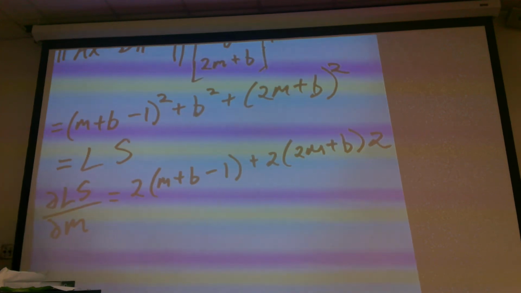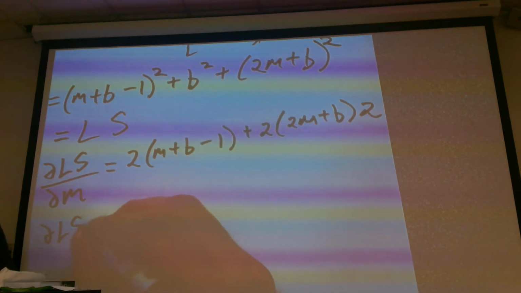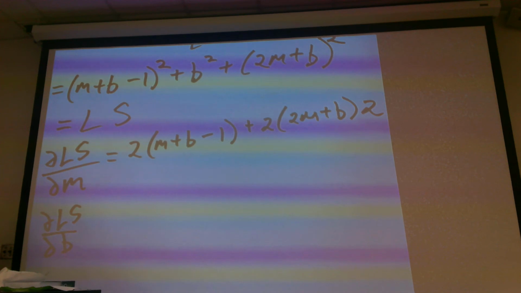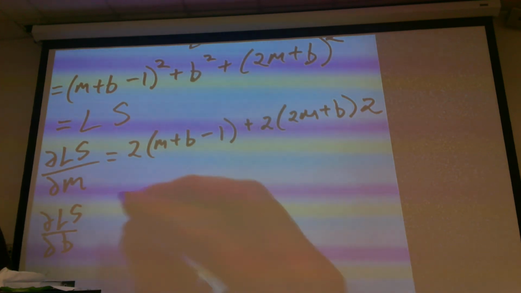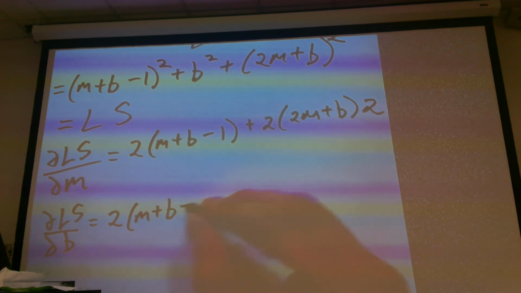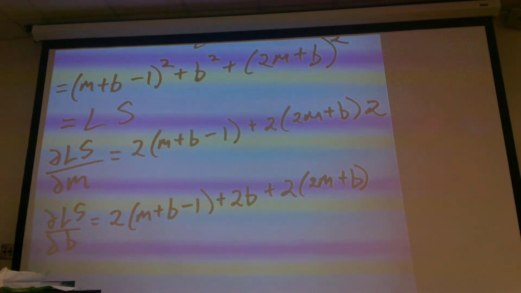Now we take the partial derivative of the least squares with respect to b. That will equal 2 times m plus b minus 1, plus 2b, plus 2 times 2m plus b.